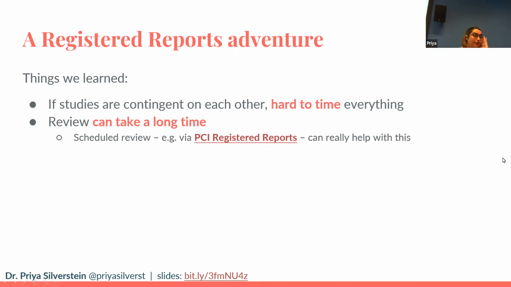They have scheduled review, which basically means that you say, I'm going to submit my stage 1 proposal on this date, and then they line up the reviewers in advance ready to review it within a week. Really cool. So I would definitely recommend that if you're worried about the timeline. And they have a lot of journals affiliated with them, so lots of options depending on what field you're in.